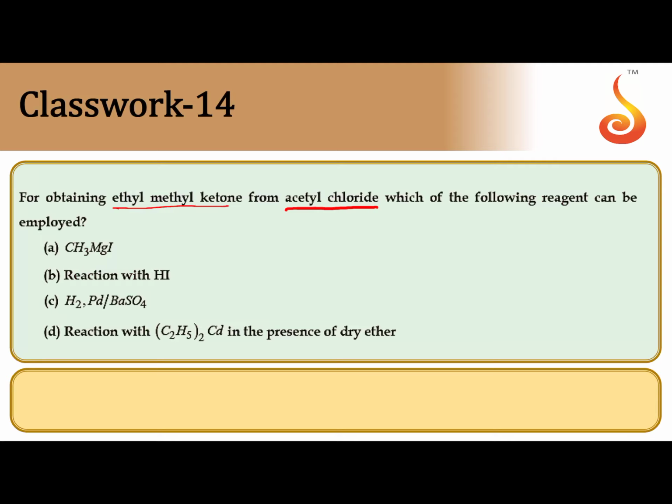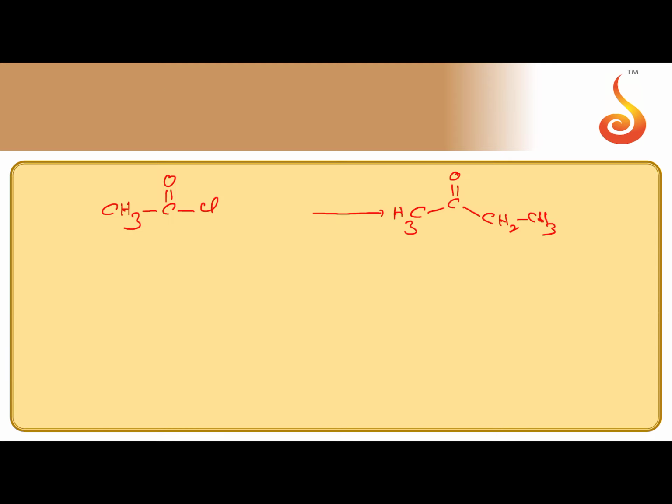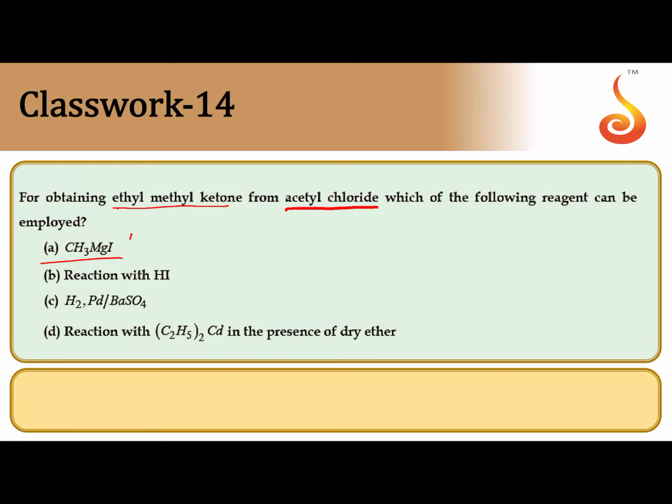Now you check the options. Methyl magnesium bromide. When methyl magnesium bromide is used, what happens? CH3 attacks at the carbonyl carbon, Cl minus will go. We can get CH3COCH3, dimethyl ketone. So the first option is wrong.